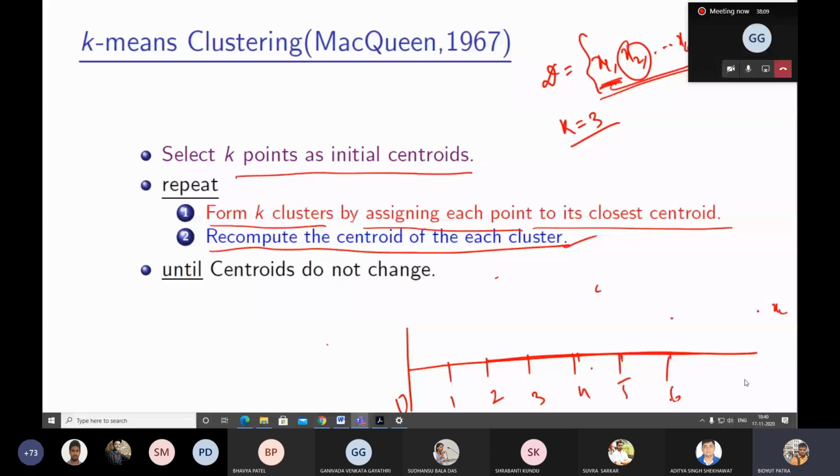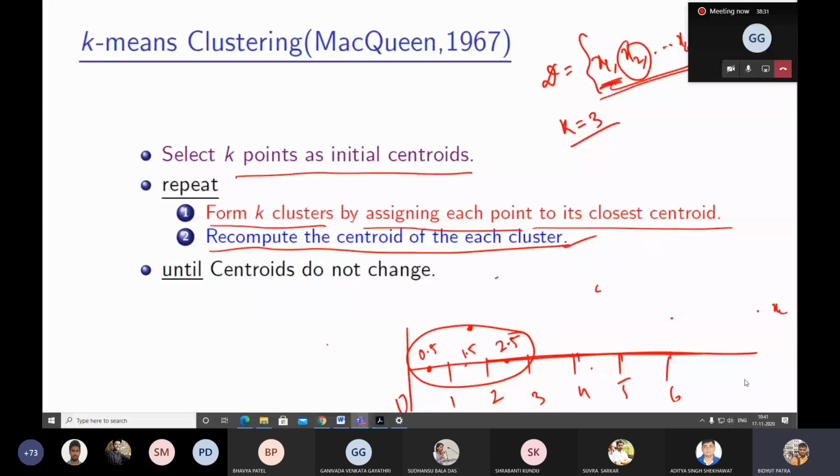Now you have a set of points, let's say this is 0.5, this is 1.5, and this is 2.5, forming a single cluster. So what will be the average? You add 0.5, 1.5, and 2.5 to get 4.5, divided by 3. That will be the centroid of this cluster, because this has a single dimension. If you have multiple dimensions, you add dimension-wise and divide by the number of points.